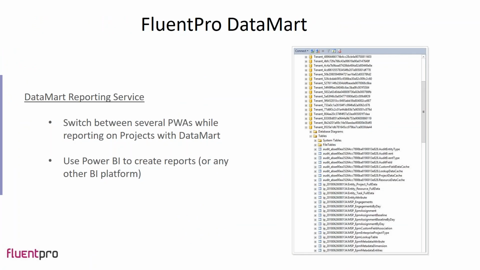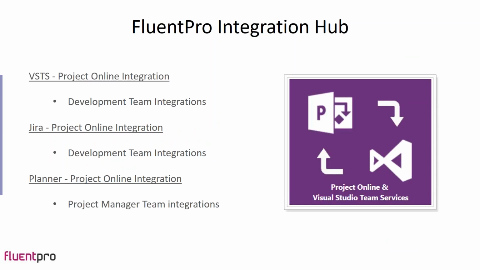And the last thing that I would like to show you is FluentPro Integration Hub. If you're working with different PPM systems, you can use Integration Hub to integrate the data from one system to another.